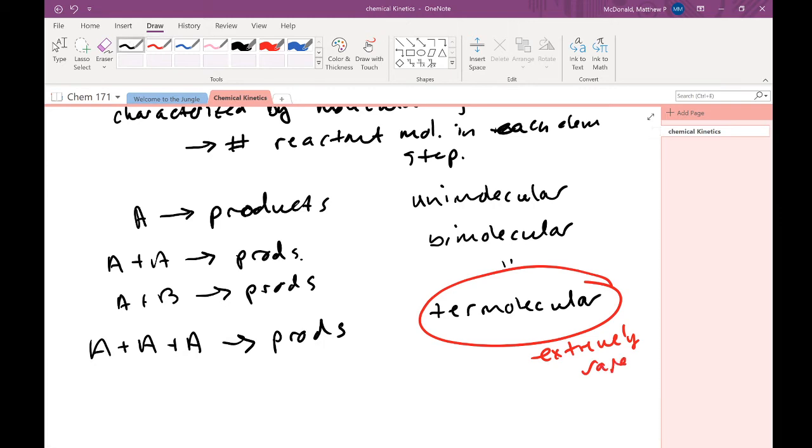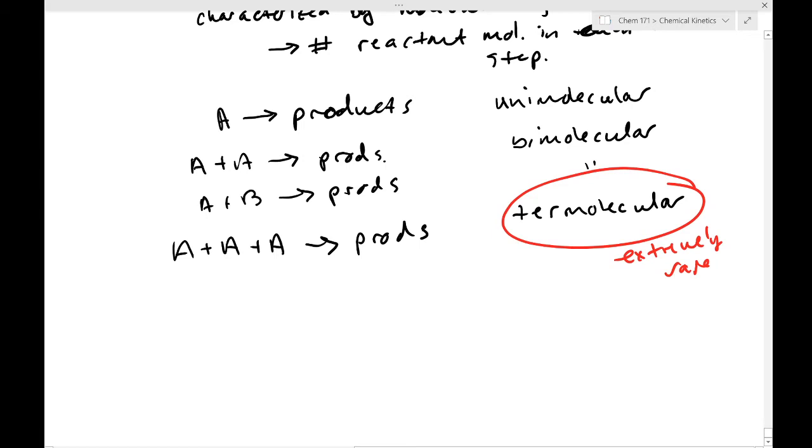And you can imagine why. Because in a reaction mechanism, we are talking about the direct interaction of these 3 different pieces. That means all 3 pieces need to be in the exact same spot at the exact same time. If you think all the way back to kinetic molecular theory for gases, these things are bouncing around all over the place, and to have 3 things in one spot at one time is an extremely rare event.